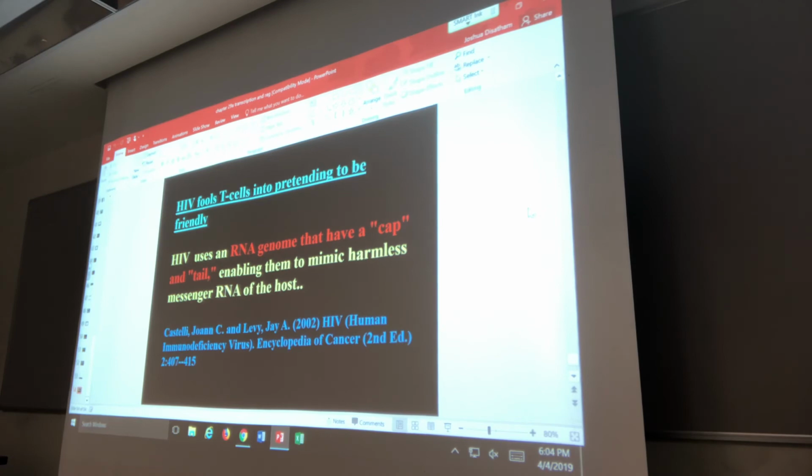That's bad because if it's mutating that often, we can't design drugs that specifically target the enzymes or proteins that HIV makes. It's very hard to design anything for something that mutates so quickly. That one is the only one I know off the top of my head for why HIV survives so many different things. You'll have to go through the notes to find some other stuff I usually can't really remember.